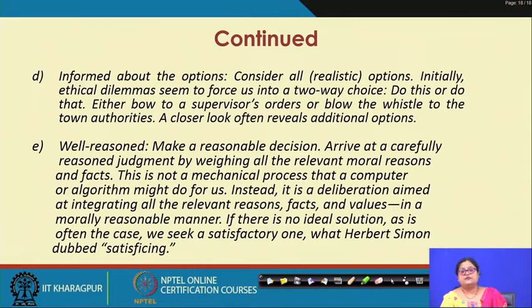Instead, it is a deliberation aimed at integrating all the relevant reasons, facts and values in a morally reasonable manner. So, if there is no one solution coming up, we will go for a satisficing solution.